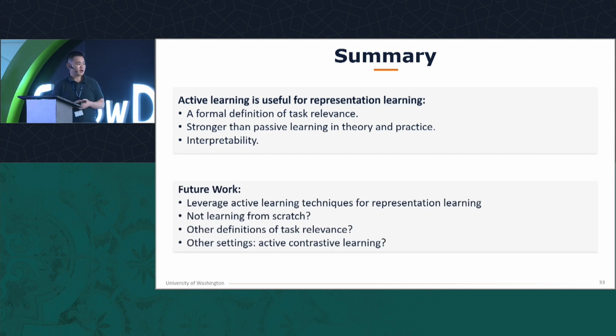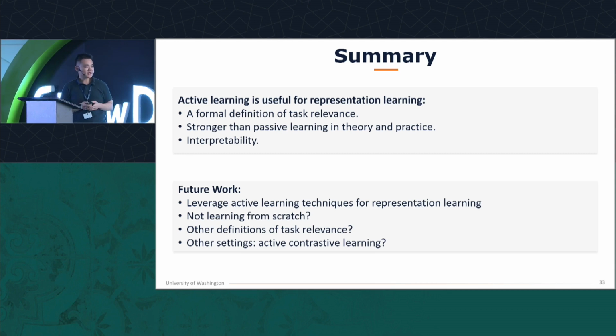For future work, I believe there's huge potential of active learning for representation learning or general data selection. We can develop more principled methods for pre-training. Here, we learn everything from scratch, but nowadays, with something like GPT-3, you do not purely learn from scratch. You have a pre-trained model and then fine-tune on top of that, and you can still do active learning for that.